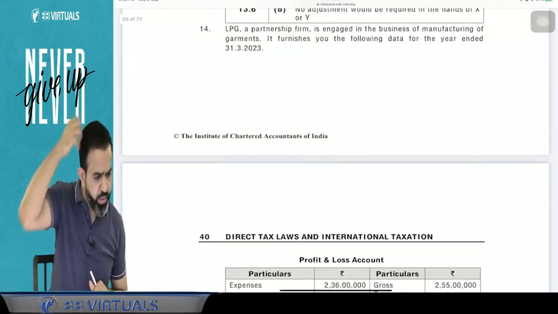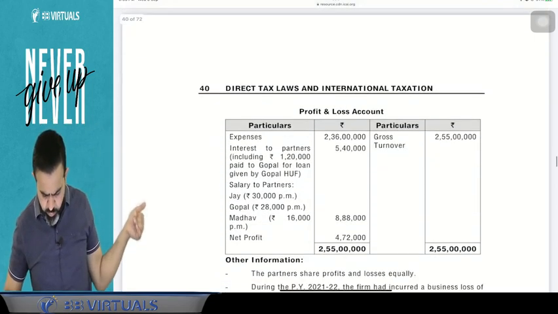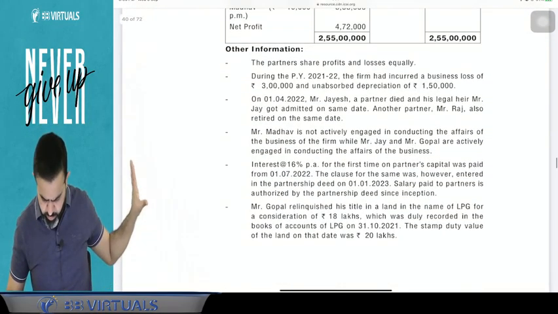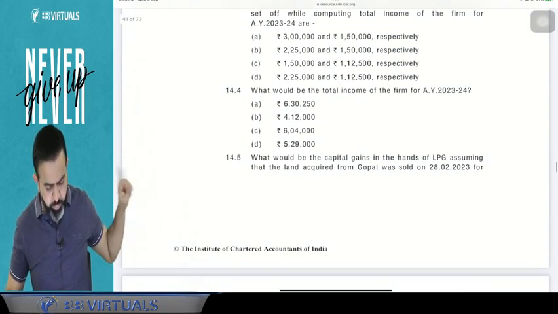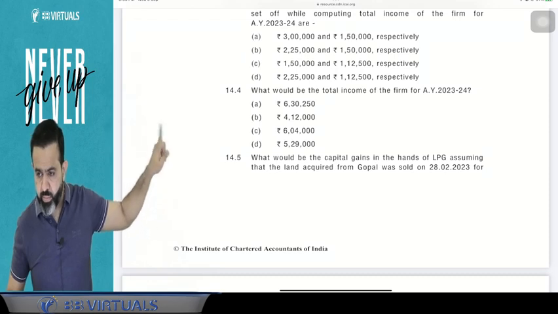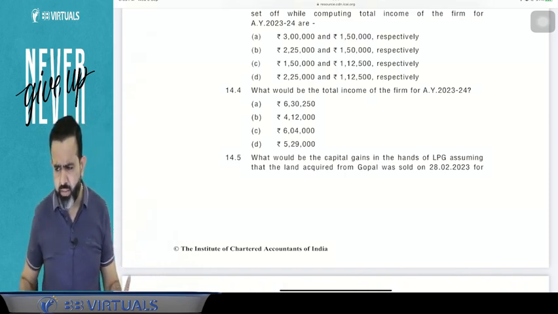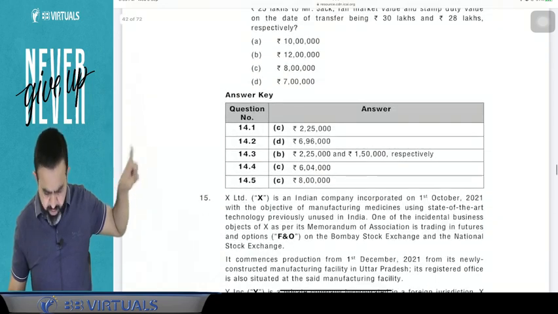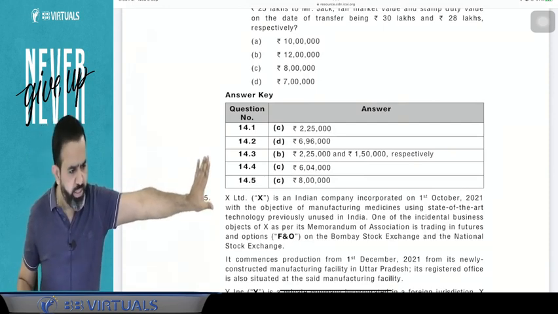Yes, this is number 14. This was the question. So 14, all the information is the same. So for MCQ number 4, our answer is coming to C, 6,04,000. Our answer is C. ICAI has also given 6,04,000. So here 6,04,000 is the correct answer.